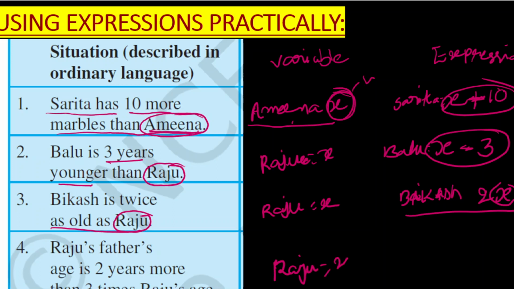Then the father's age will be 3 times Raju's age and 2 years more than that. Here 3 times Raju's age is 3x, and 2 years more than 3x is 3x plus 2. Now the expression becomes 3x plus 2.